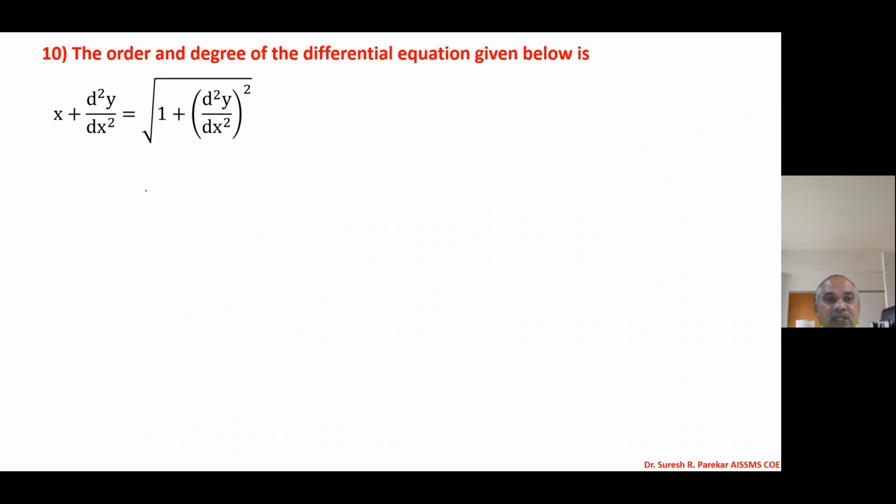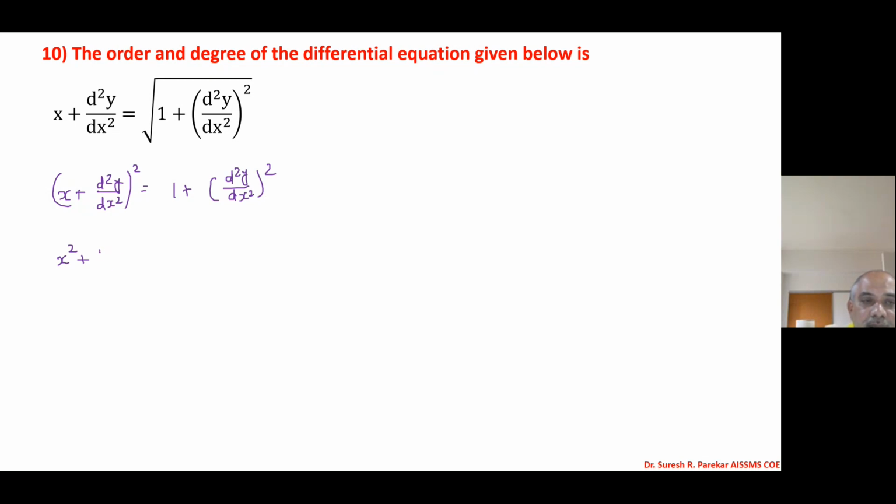Then we have this equation. Here, again we have to go for the square of this. So what I will get is (x plus d²y/dx²)² equal to (1 plus d²y/dx²)². Then we have the square of this, x², because we have d²y/dx² on both sides, so we have to check it.